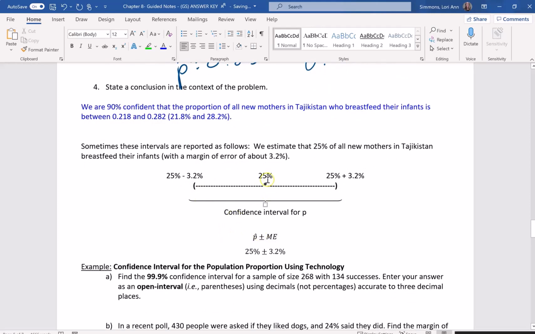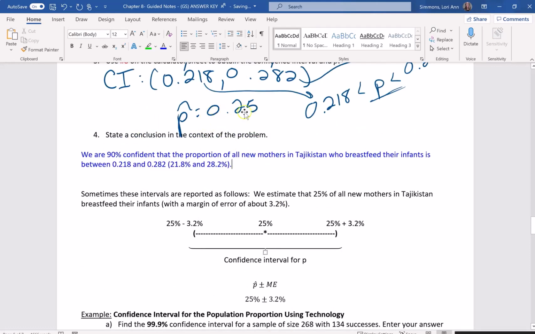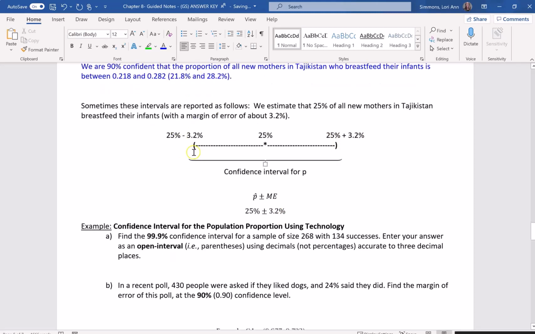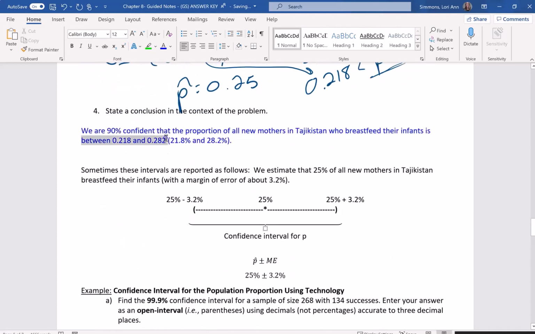So p hat is the 25%, and the margin of error, 3.2%, gives you, when you add and subtract, 28.2% and 21.8%. I will show you in a little bit how we could calculate the margin of error when you are provided the upper and lower bound.